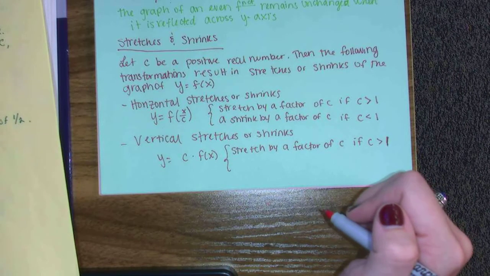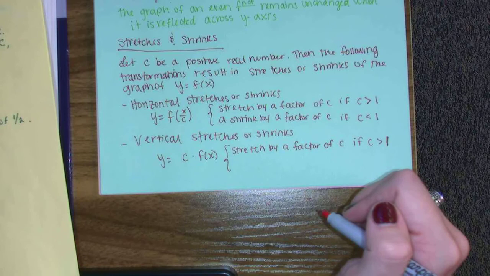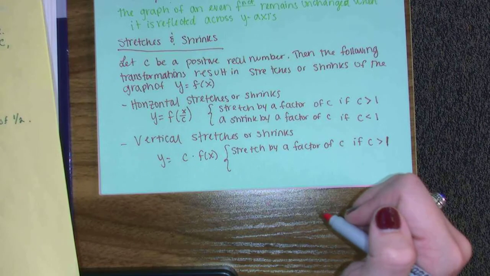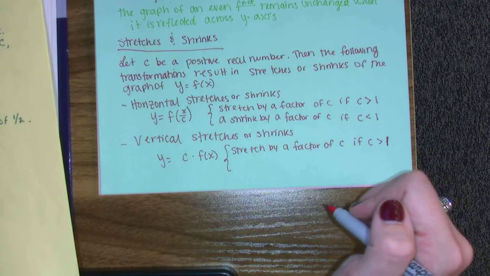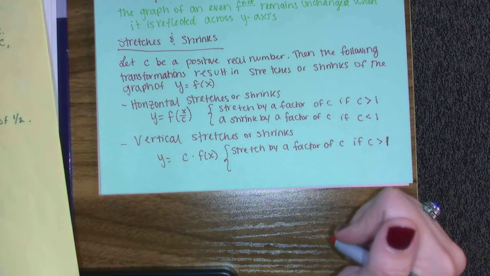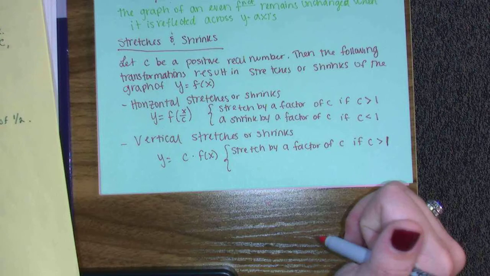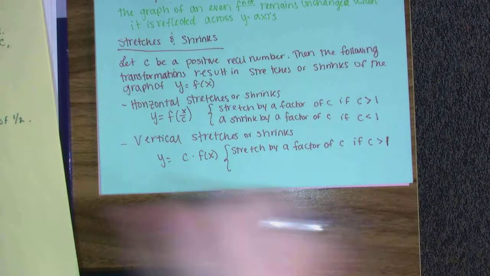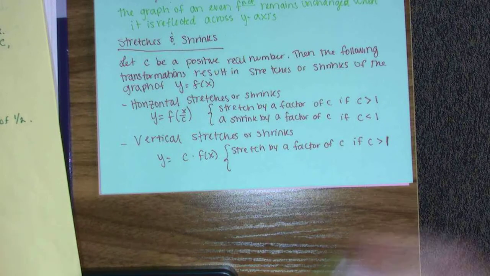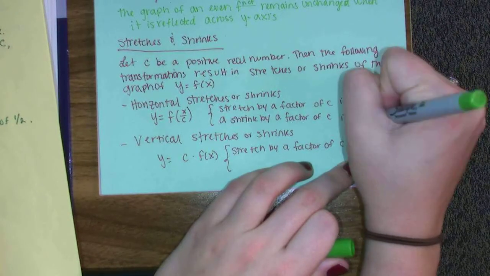Like negative 0.5, that's going to be a shrink. But like negative 3, that's less than 1, but it's still a stretch, because the absolute value of C is technically what we're looking at. So I really should put absolute value bars on all of these.